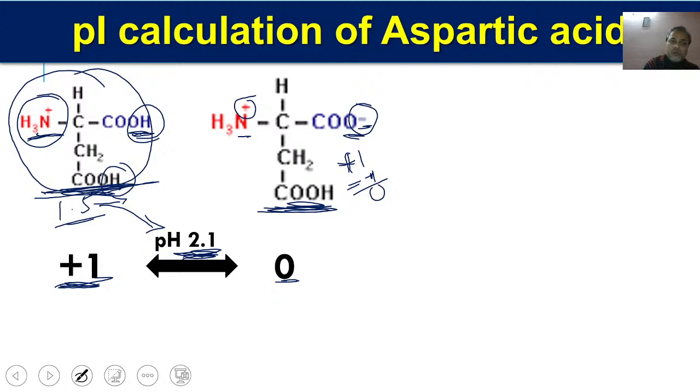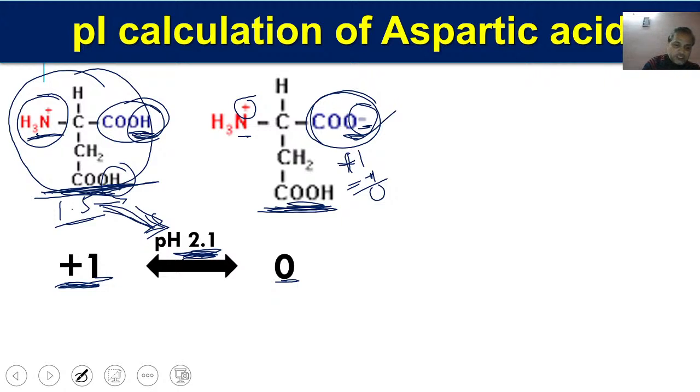Now I am going to increase the pH to the higher side, going towards the upper right. As soon as I reach 2.1, which is the dissociation constant for this group, this group will dissociate and release its H plus. So the H plus has gone.